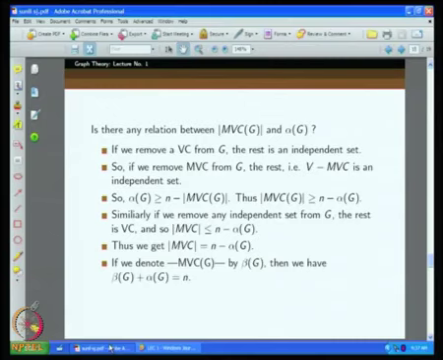So, to summarize, in this class we have introduced some basic terms that are used in graph theory. Of course, there are many more terms that we have to introduce, but as the lectures go on, we will talk about more and more things.